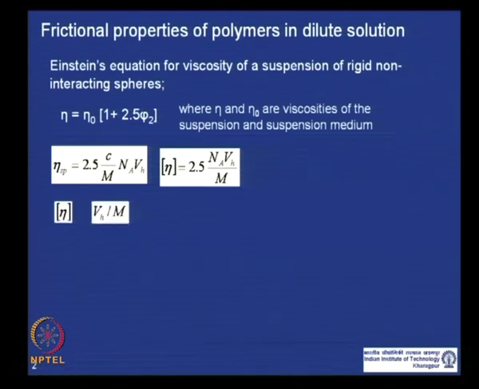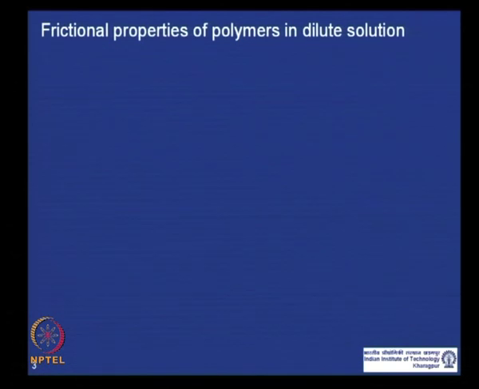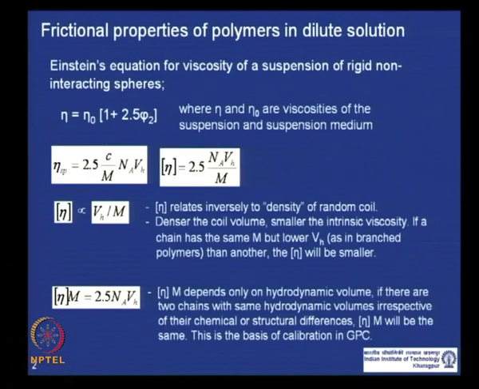Now, what does it mean? It means that intrinsic viscosity is proportional to VH by M. Now, VH by M is the volume by mass of the polymer coil. This is the volume of one polymer coil, and this is the molecular weight, that means the mass of one polymer coil.